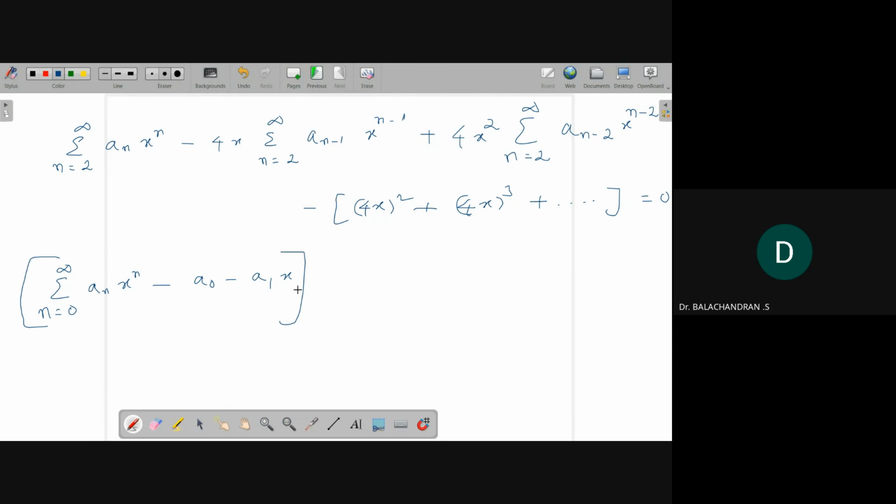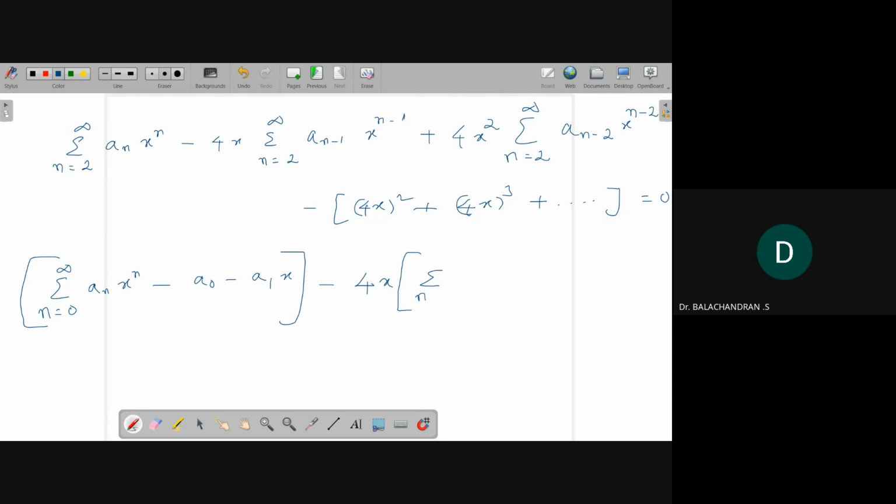Okay. Now minus 4x. Now if I substitute n equal to 2 here, what will you get? I think n equal to 2 means you will get a1 x. So that is the second term. The first term is not here. That's why I will include the first term here.